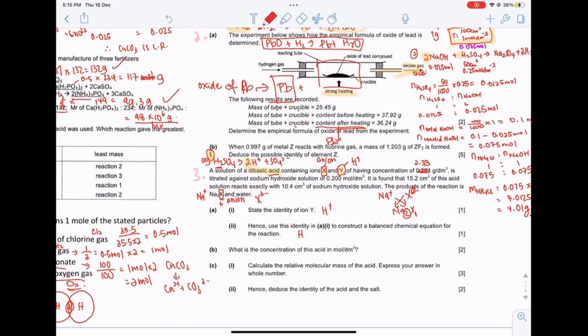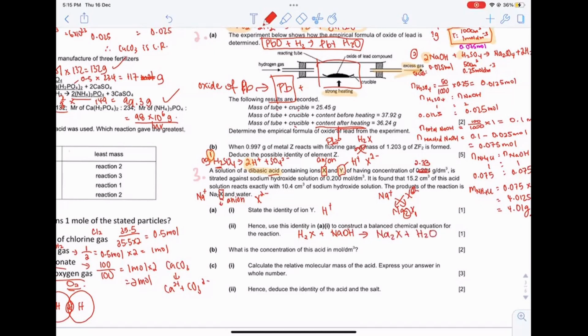Since X is X2 minus, X2 minus and H plus, when you cross them, you'll get H2X. So this will be H2X plus NaOH. It will give you Na2X plus H2O because it's neutralization.